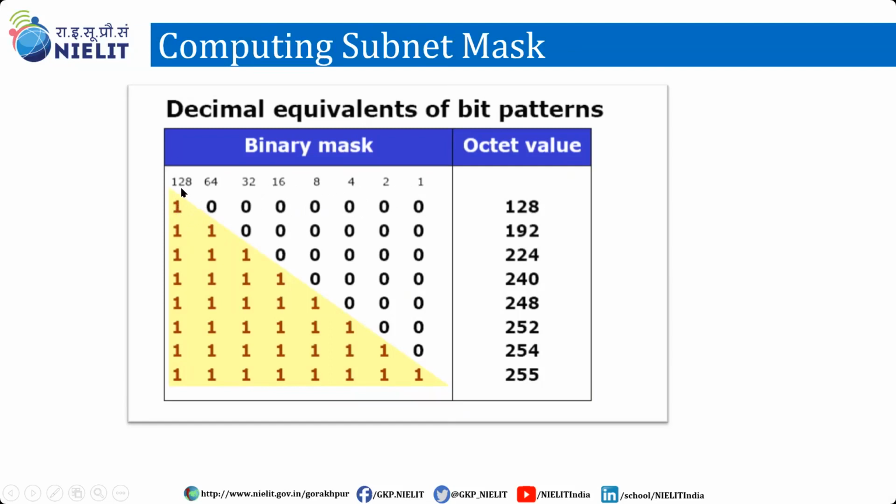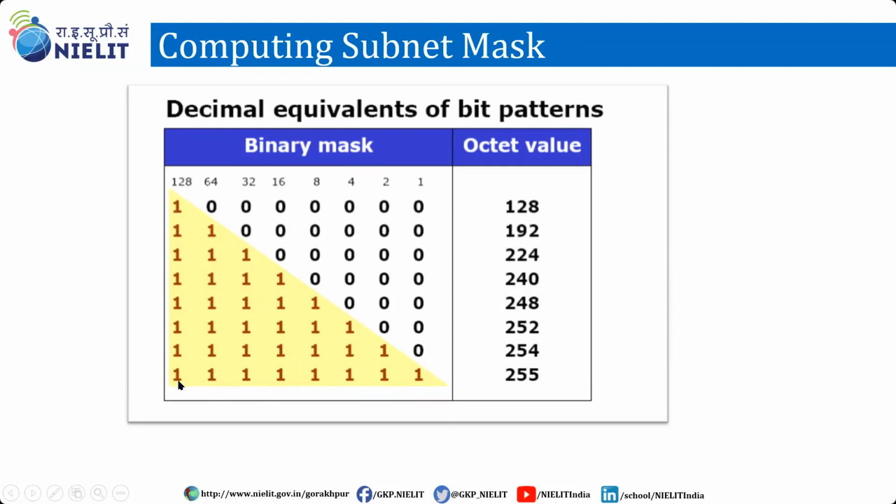Suppose only 128 has a 1 and the remaining are 0; you can immediately write 128. Similarly, if 1100 is there, then 128 and 64 of those columns, 128 plus 64, 192.